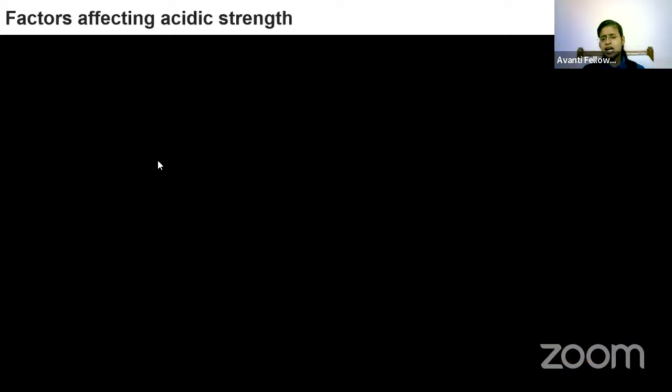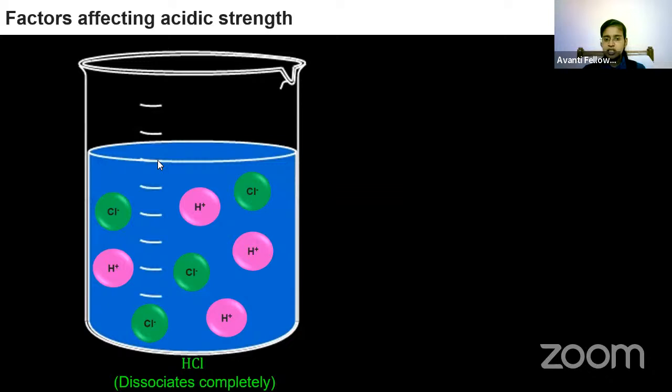Now we will enter into the factors affecting acidic strength. What are the factors that affect the acidic strength? Very important. There are two types of acids: one is strong acid and the other one is weak acid. The example for strong acid is HCl. Why is it called a strong acid? Because it undergoes complete dissociation. All the H plus and Cl minus will get dissociated in the solution completely.